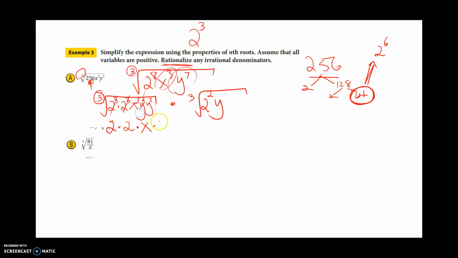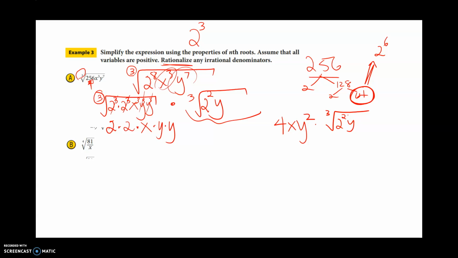The cube root of y to the 3rd is y, and again y. And this cannot be simplified. So my final answer is going to be 2 times 2 is 4, so 4xy squared times the cube root of 2 squared y. I could write this as 2 squared, or I could write it as 4.